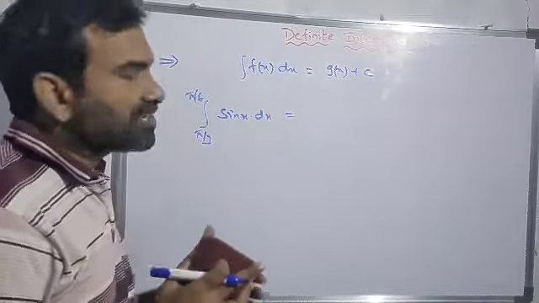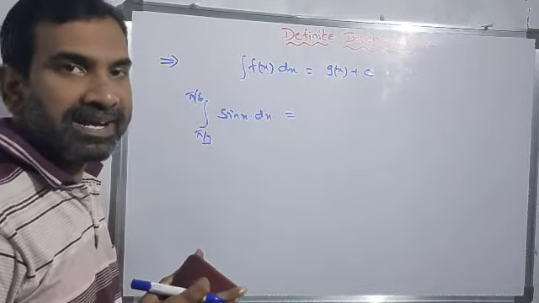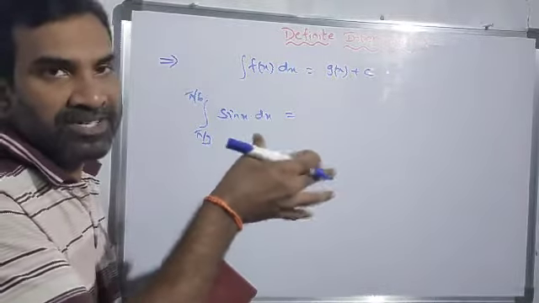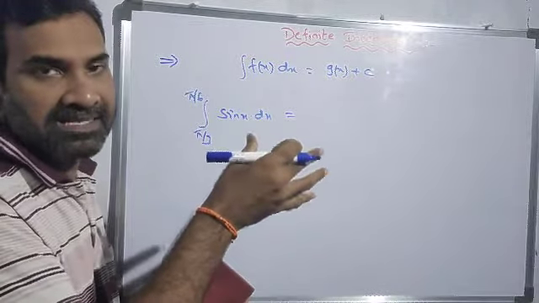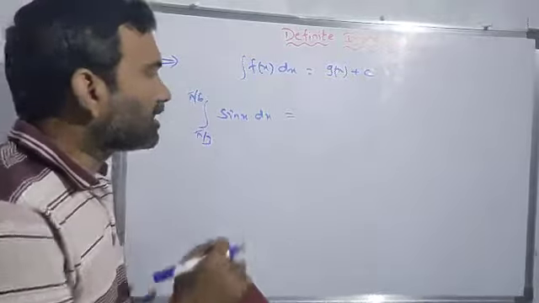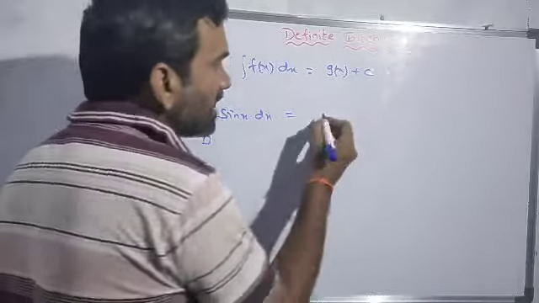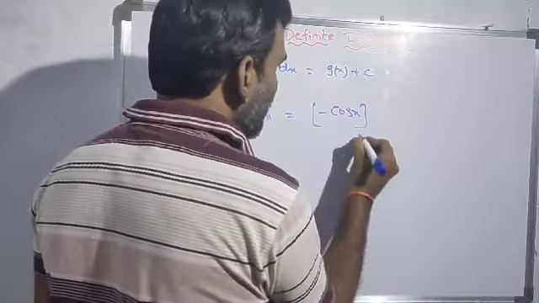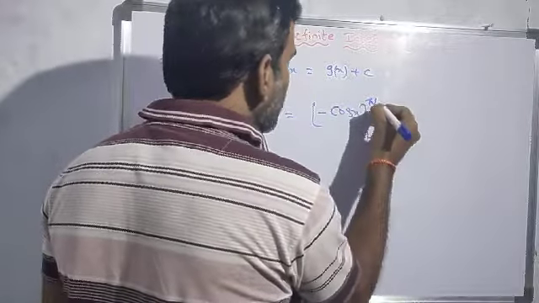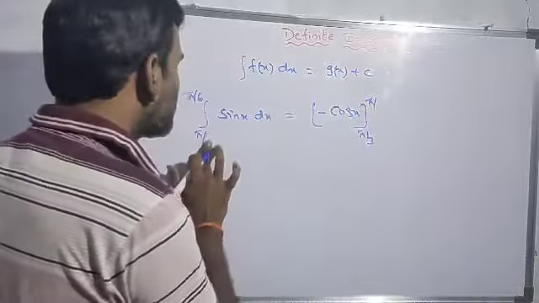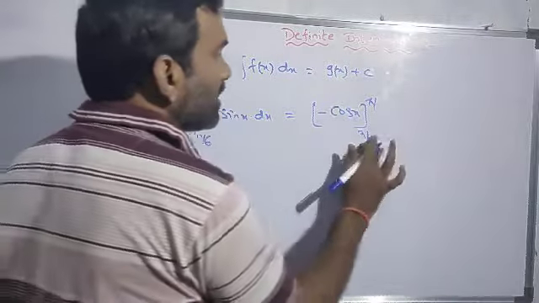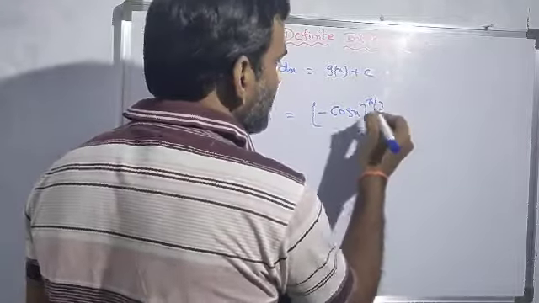We know that the integration of sin x dx is minus cos x plus c, a function plus c as the result. Here also we get minus cos x, but we take the limits pi by 6 to pi by 3, that is 30 to 60 degrees.